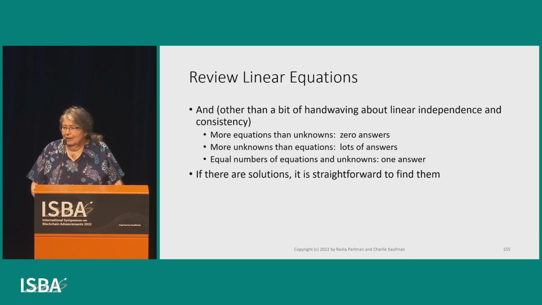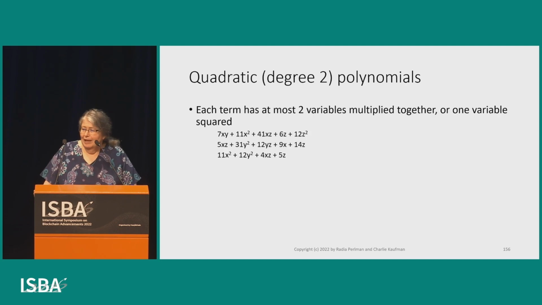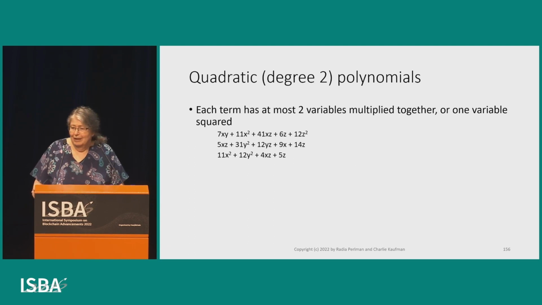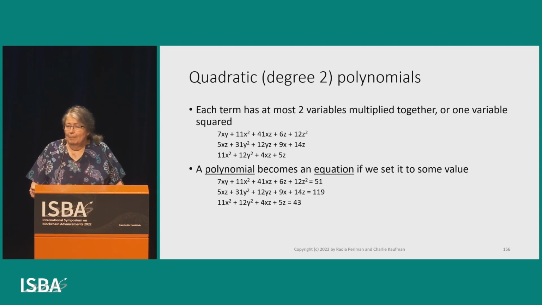But a quadratic polynomial is one where each term has at most two variables multiplied together, or one squared. So 7xy plus 11x squared, etc., would be a quadratic polynomial, and no one knows how to solve those efficiently. A polynomial becomes an equation if we set it to some value.